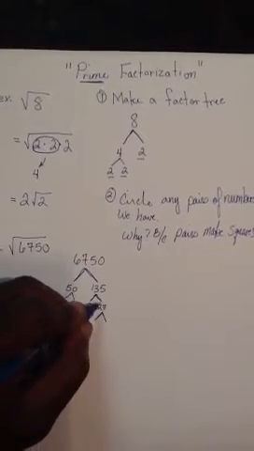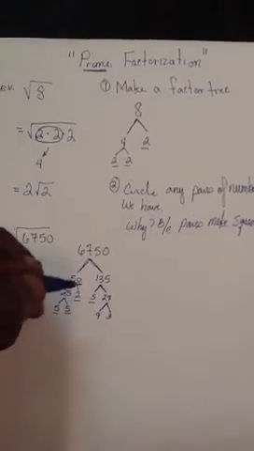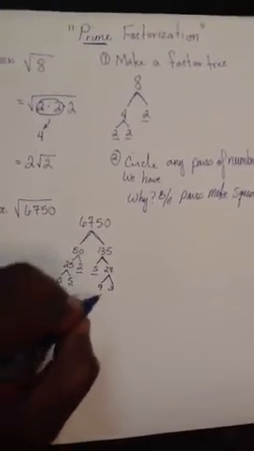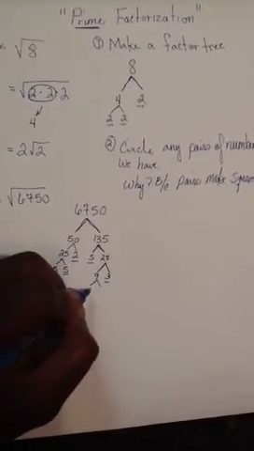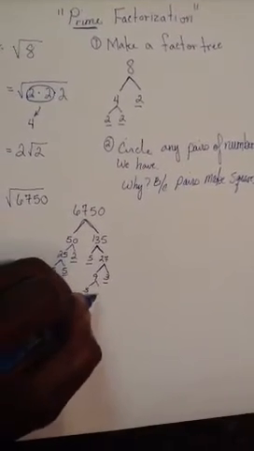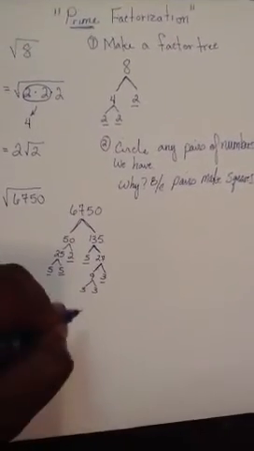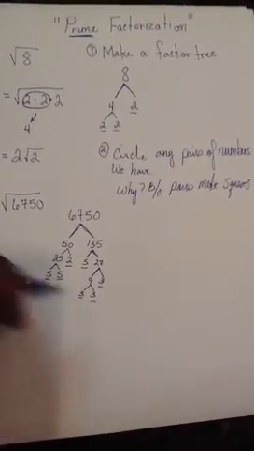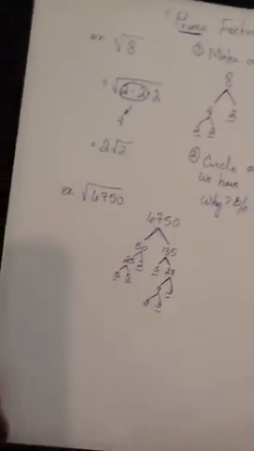Two factors which equal 27 are 9 and 3. And now finally, 3 is prime, but we have 9, and two factors which equal 9 are 3 and 3. And from the looks of it, it looks like I have all of my prime factors.